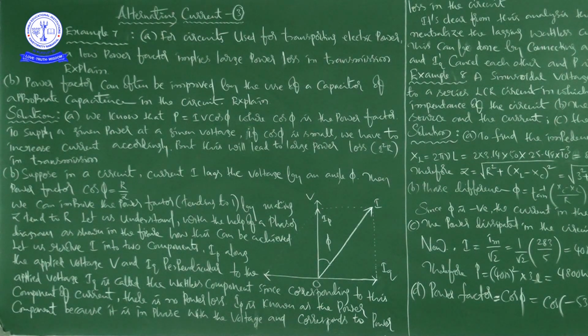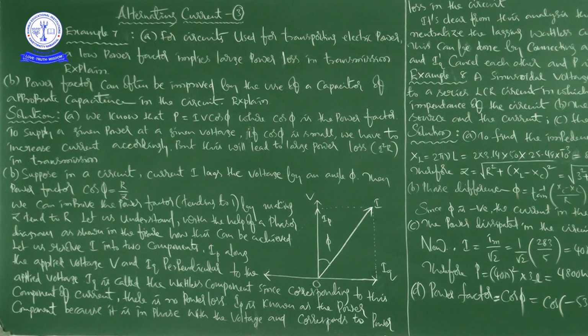First there are two parts, A and B. First A. For circuits used for transporting electric power, a low power factor implies large power loss in transmission.